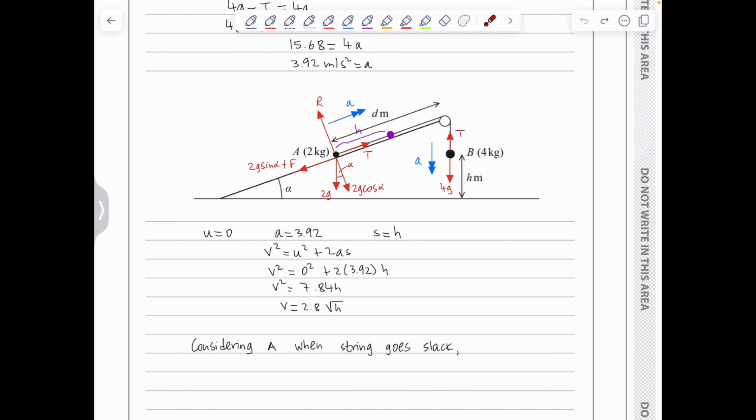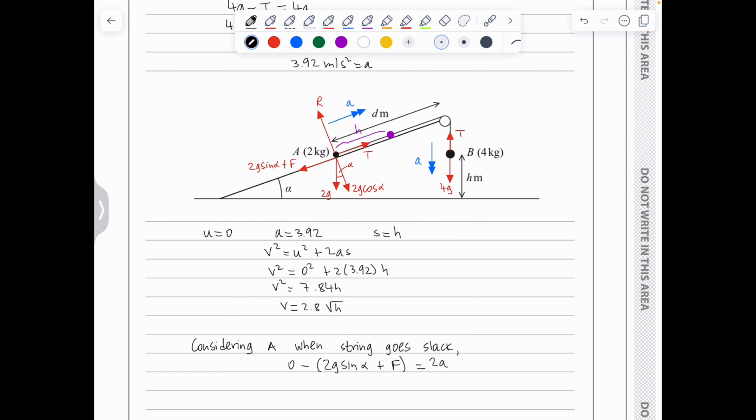So considering A when the string goes slack, A is going up the plane, so I'll be doing forces acting up the plane, which is 0, minus forces acting down the plane, which is the component of the weight 2g sine alpha plus the friction F. This should be equal to 2a.